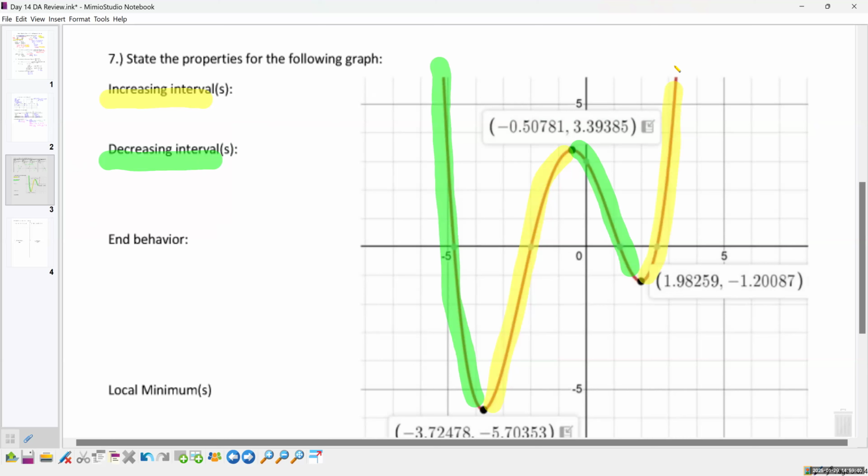So I'm going to start by writing these two yellow intervals. The first one is between two values. It's between -3.725 and -0.508. I'm going to go 3 decimal places. That's a lot of writing. So -3.72, that 7 tells me to round it up. So -3.725 is less than x is less than -0.508.